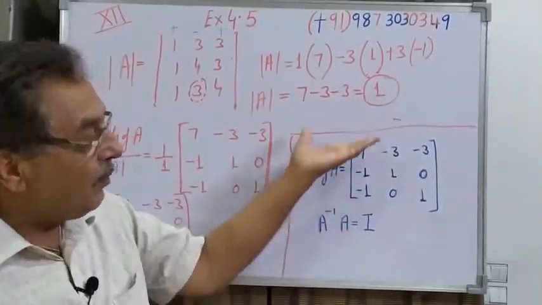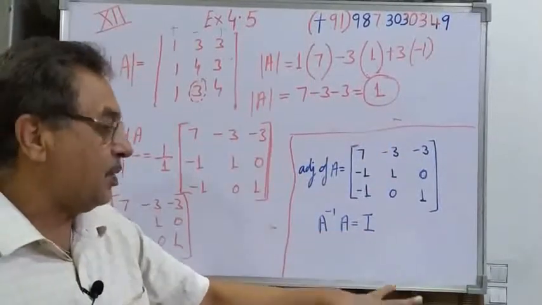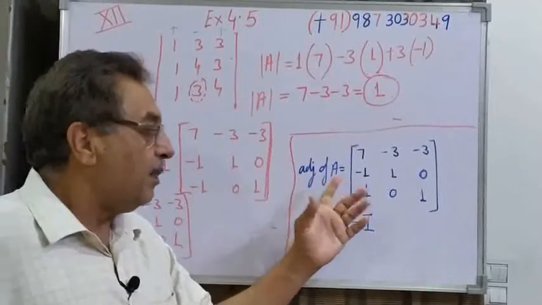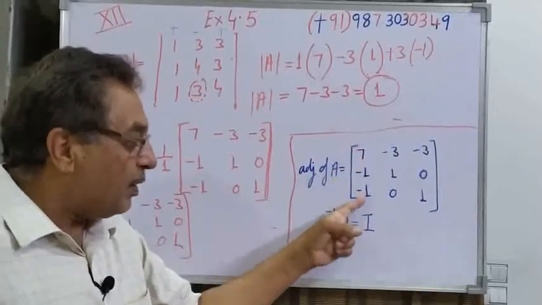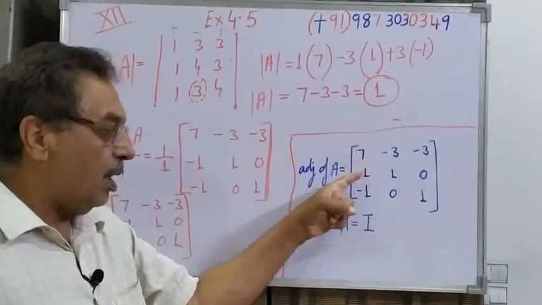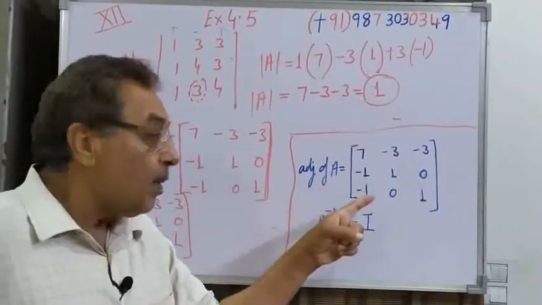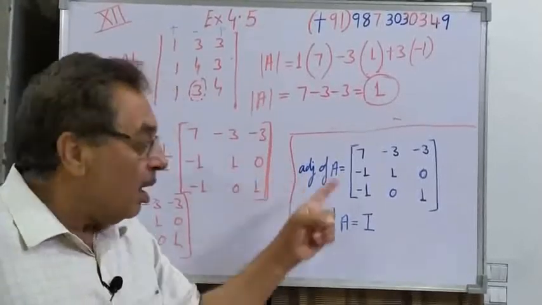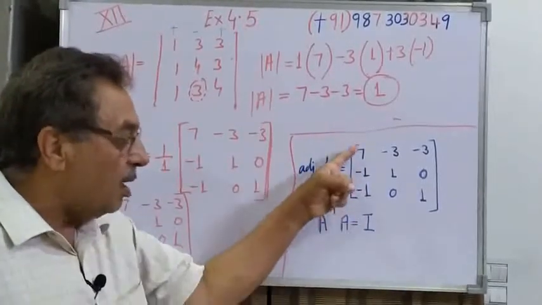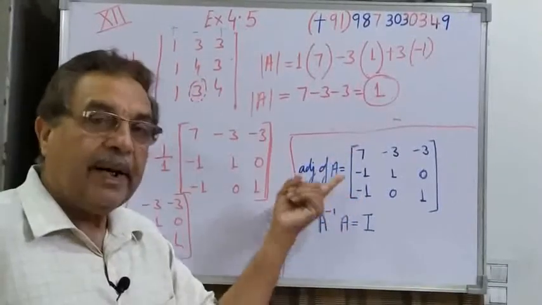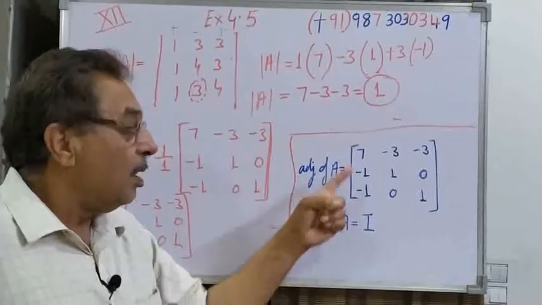All the cofactors when transposed in a matrix give the adjoint of A. So these are the cofactors of the elements of the first row. These were the cofactors of the elements of the first row of the original matrix. Now these cofactors are written in the first column.